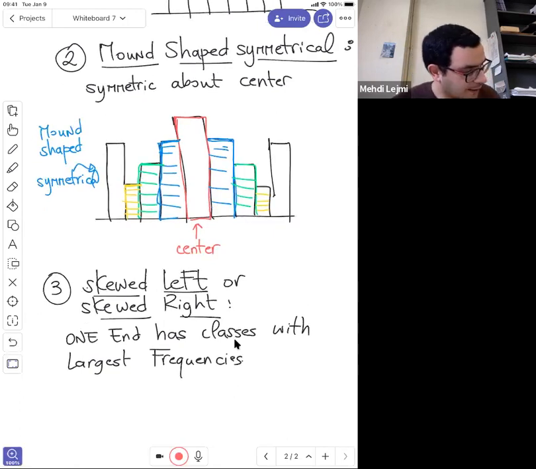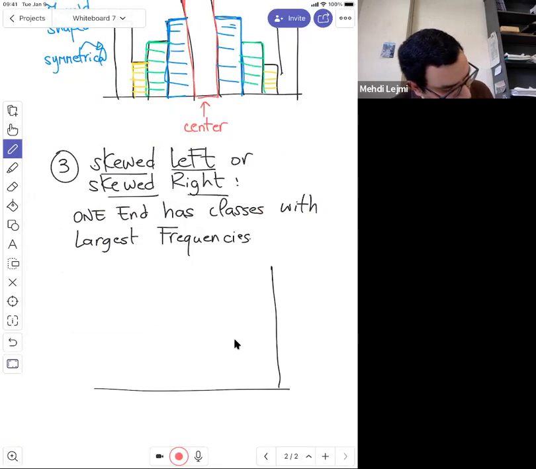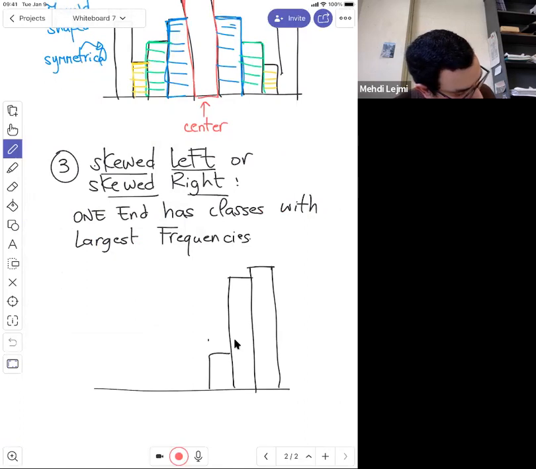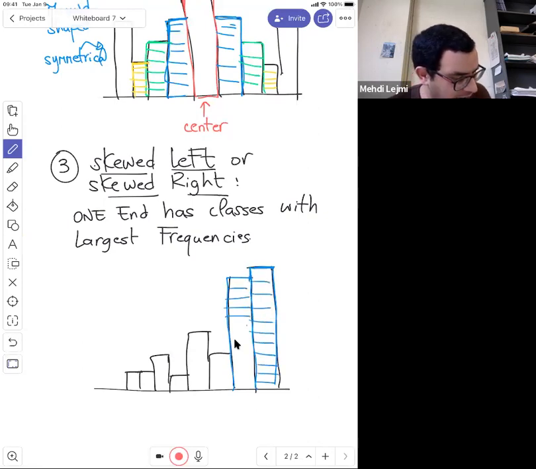Let me just give you an idea about the shape of such a histogram. As you can see, on the right side, these two blue classes have the highest frequencies.